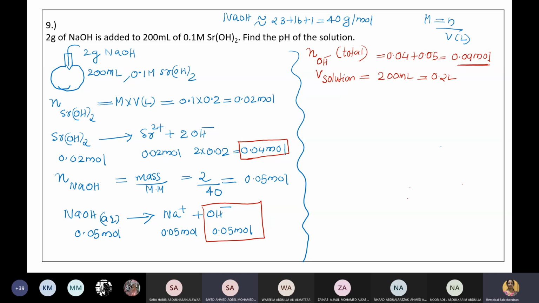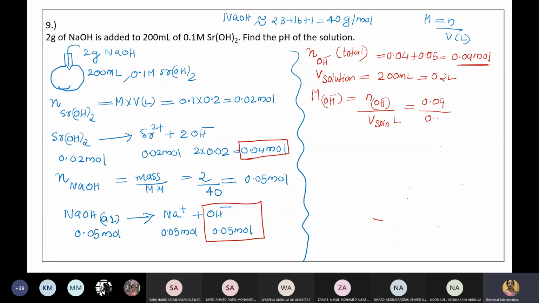So we can solve it in another way, right? Wait, dear, let me finish it and then I will give you a chance. So I can find the molarity of OH minus: number of moles of OH minus over volume of the solution in liters. The total number of moles is 0.09.